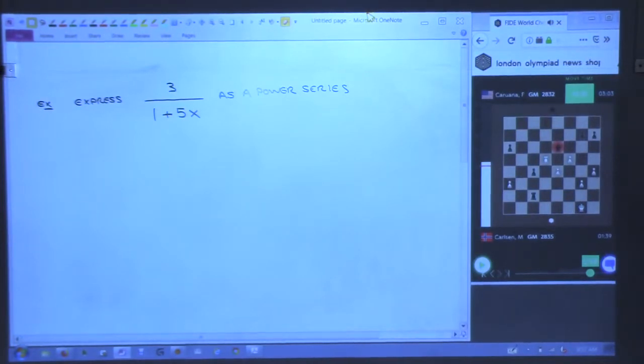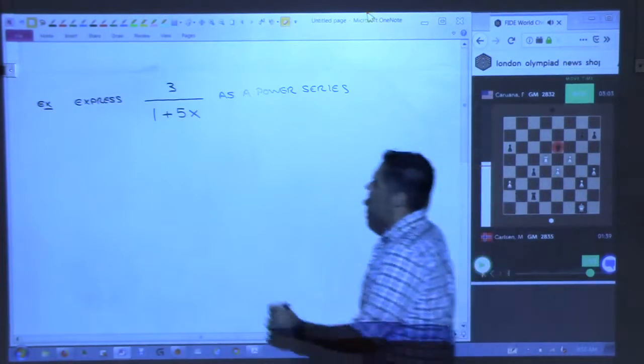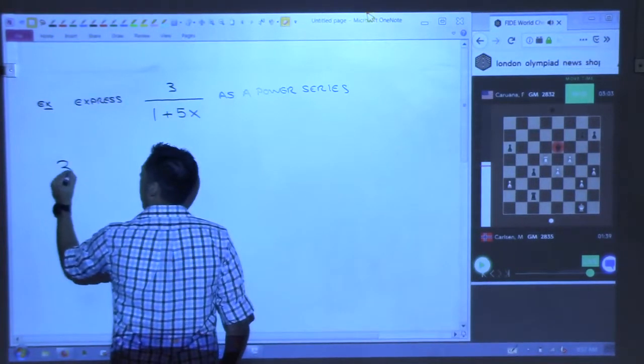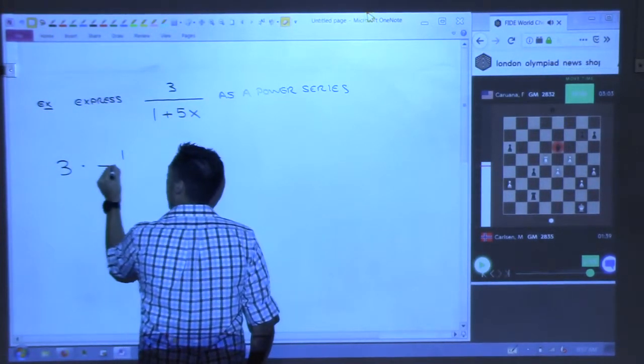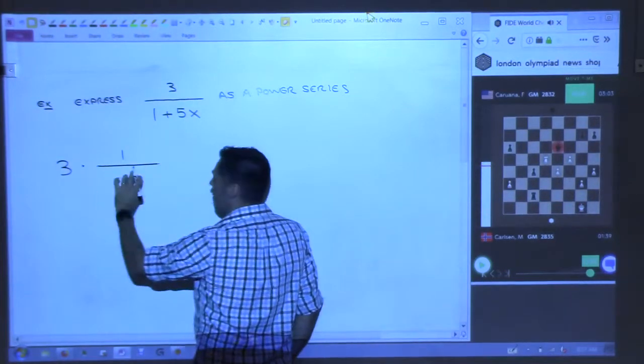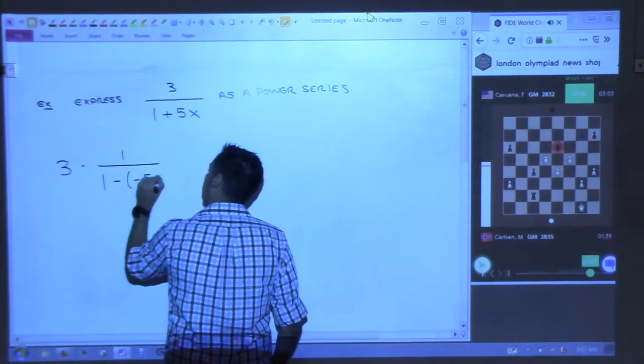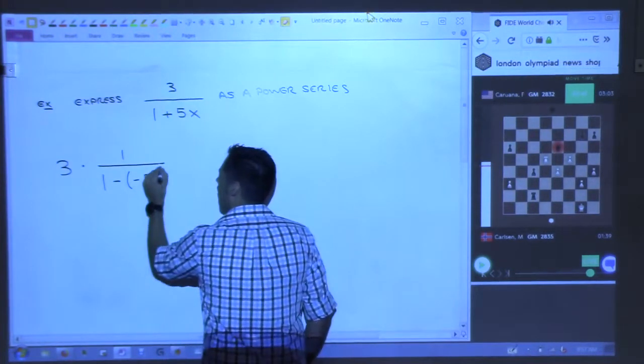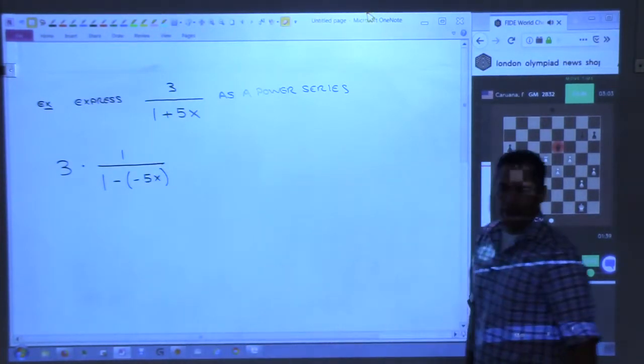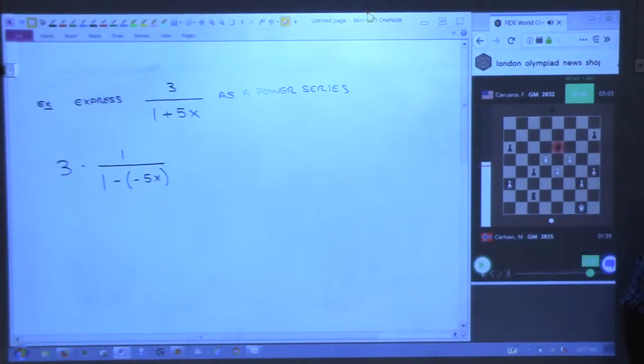It looks like 1 plus something. So how about I do this? I start out by just pulling the 3 out because it's a constant, and I can just pull it out like 3 times something, right? And then 1, now check this out. How about minus negative 5x? Isn't that the same thing? Yes. Right? That's just a clever way of rewriting plus 5x.